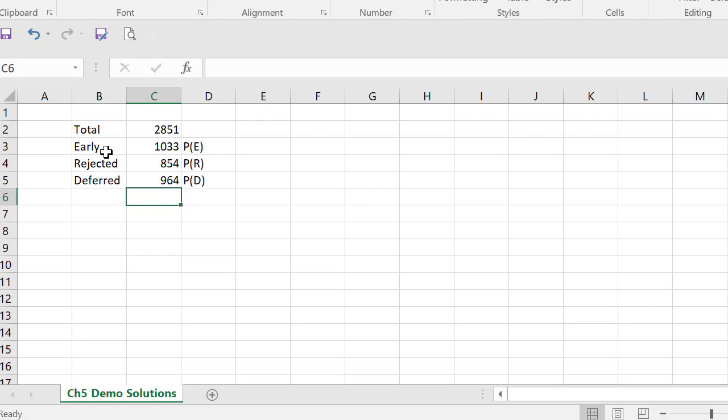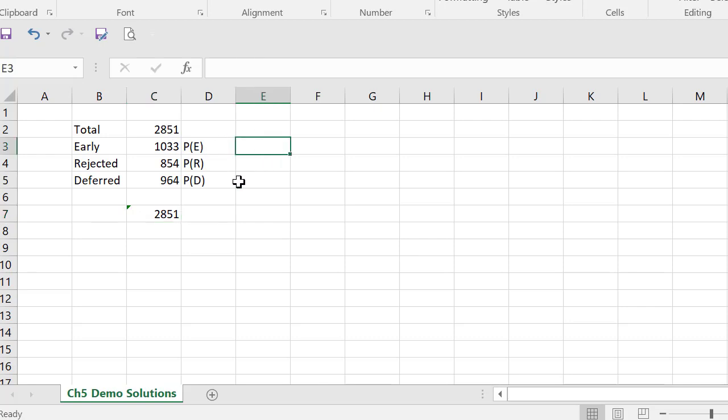Let E, R, and D represent the events that the student who applies for early admission is admitted, rejected outright, that would be the R, and deferred to the regular admission pool. So we need to use the data to estimate the probability of E, probability of R, probability of D. Just to check the totals here, I did a sum of C3. The probability of E is this value, early, divided by the total.